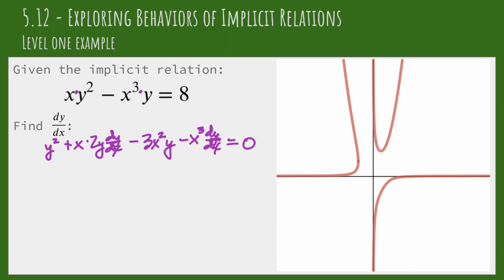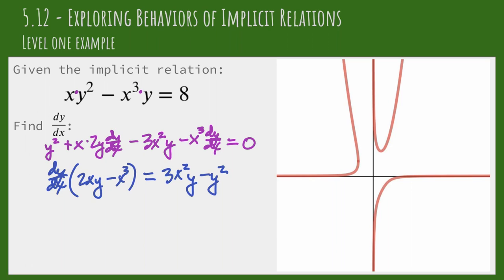And then we want to get dy/dx by itself, so anything that doesn't have dy/dx in it, we're going to move to the other side. So I'm going to have dy/dx, and I'm going to factor out dy/dx from the two terms that we're going to leave on the left side here. So we're going to have 2xy minus x cubed equals, and then moving the other terms to the other side, we're going to have 3x squared y minus y squared.